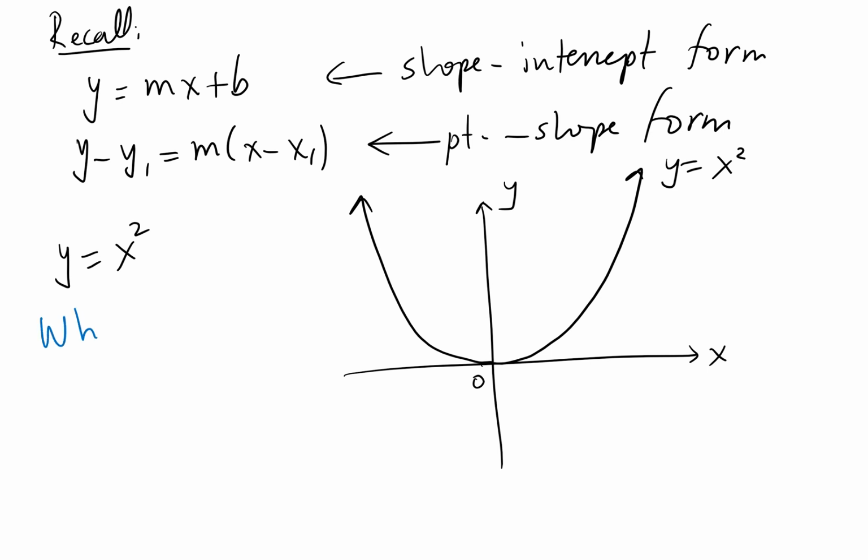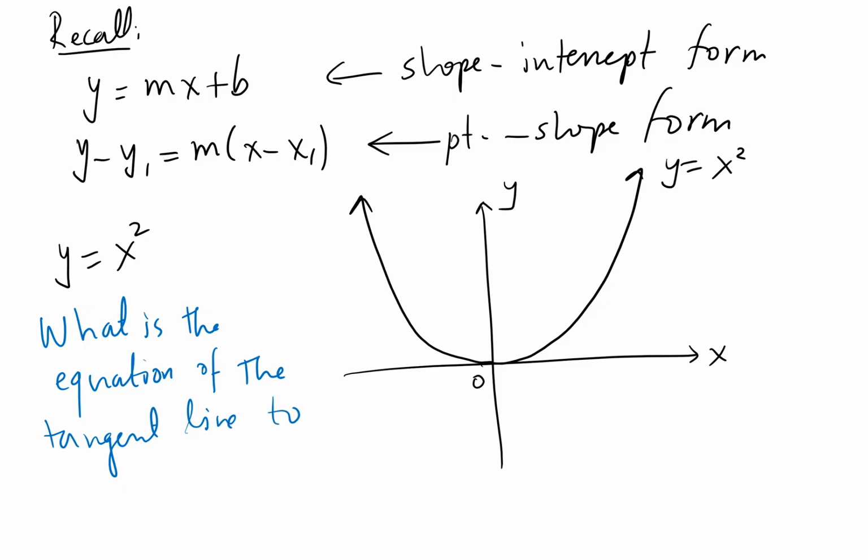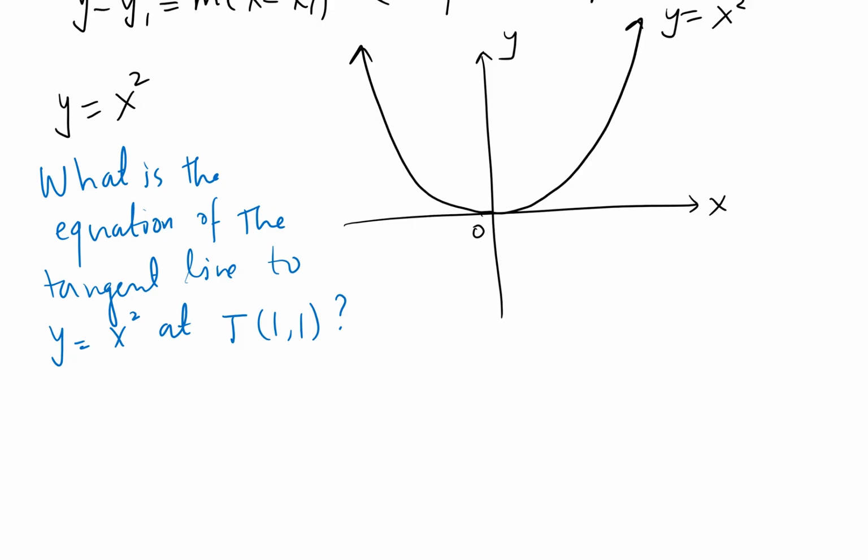Let's say we are asked to find the equation of the tangent line to the graph of y equals x squared at point T, say (1, 1). There's a tangent line here. I'm going to draw it with the green color. This is point T.